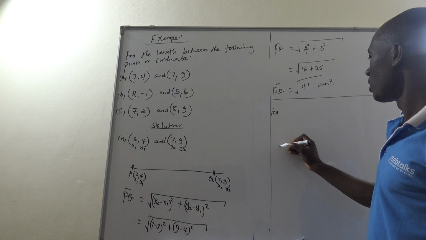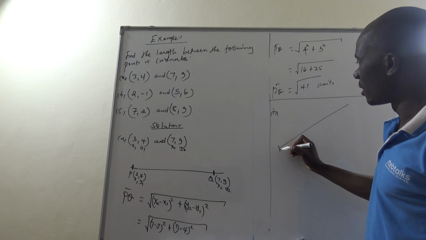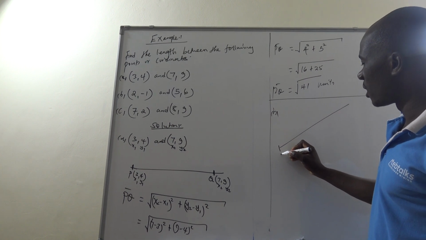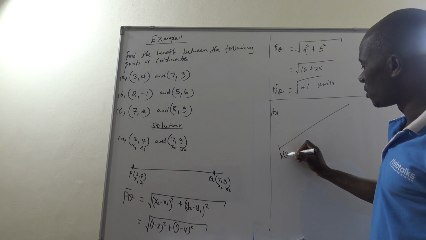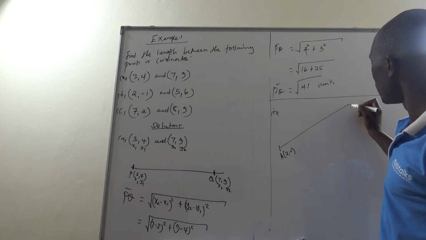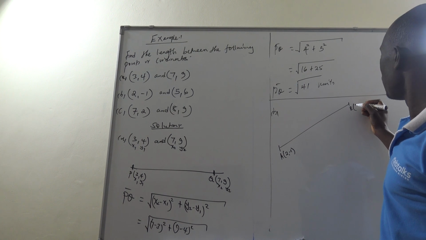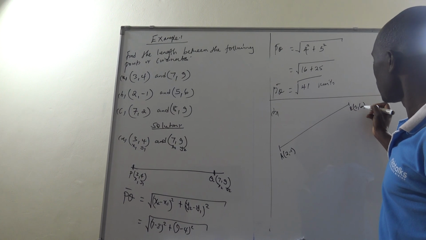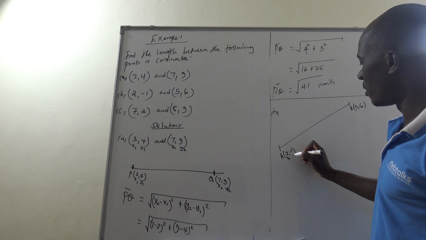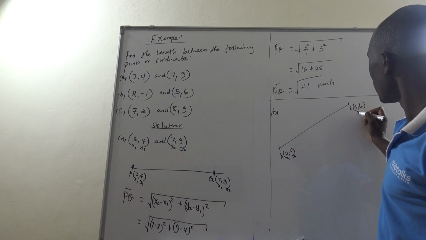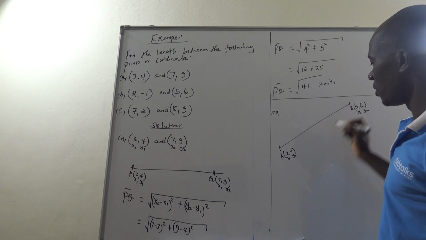If I have this as my line, you can call this A, (2, -1). This is point B as (5, 6). This is x1, this is y1, x2, y2.